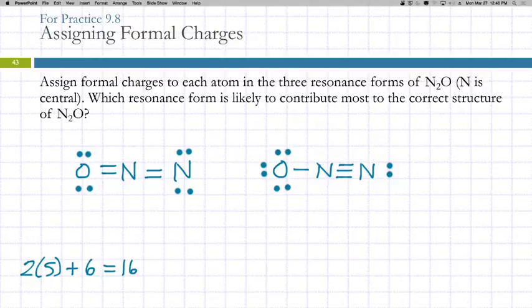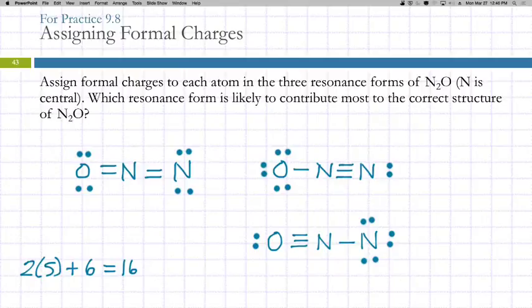Well, let's try it. Oops. Oxygen ate too much ice cream. So we could do it like that, and then this guy's got a lone pair, and we've got 3 lone pairs on the nitrogen. Same number of electrons. Everybody's got an octet. 3 different possibilities.